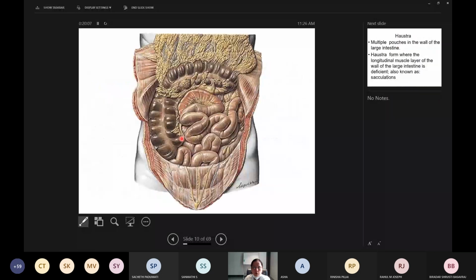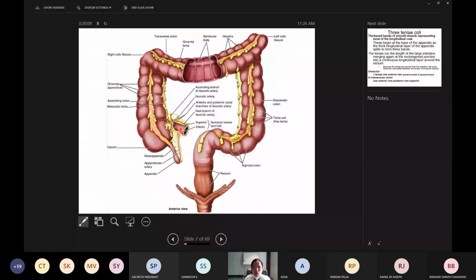One more important thing to remember is that all the taenia coli converge proximally at the base of the appendix and act as a guide to identify the appendix.